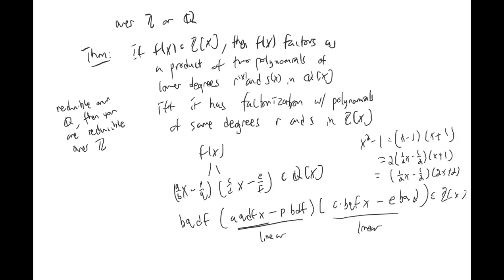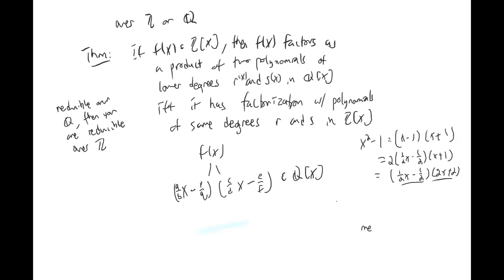These two elements are in Q of x. If you're in Z, you're in Q of x. So it's saying if x squared minus 1 can factor like this, then I can clear denominators to make it factor like this, if that makes sense.